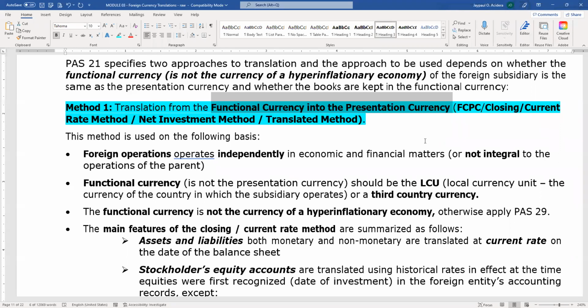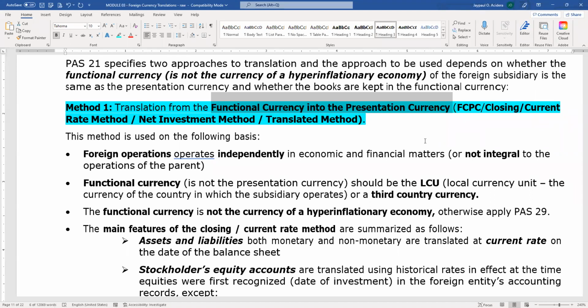We're going to translate yung Singaporean dollars amount into Philippine peso amount. So basically, that's what we are going to do in this topic, the foreign currency FS translation. So the question is, what exchange rates are we going to use?